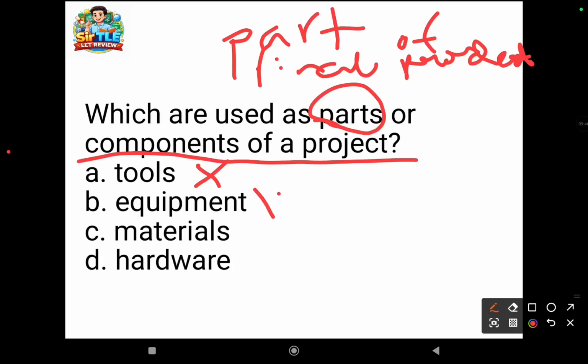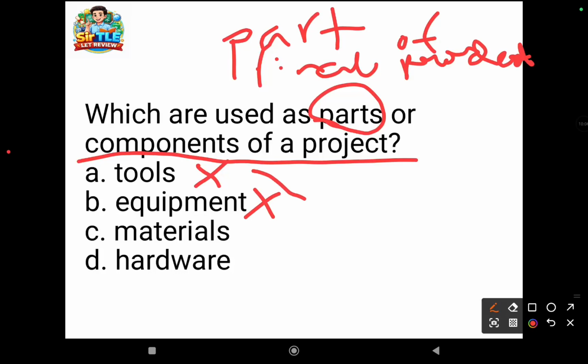Letter B is wrong. An equipment is a large machinery or durable device used to perform tasks like the tools. Most equipment use electricity.